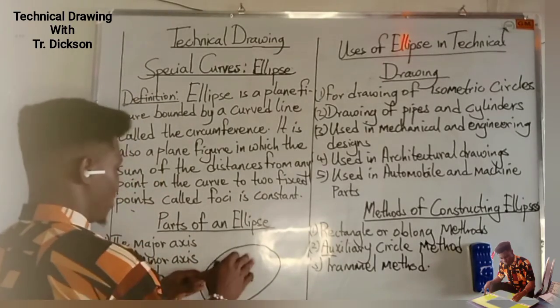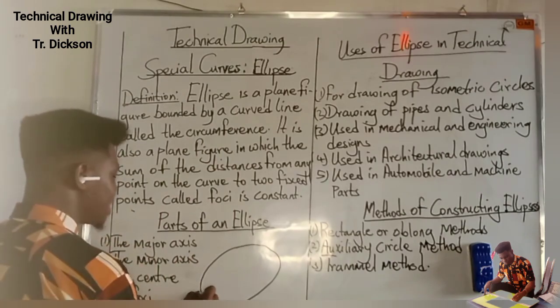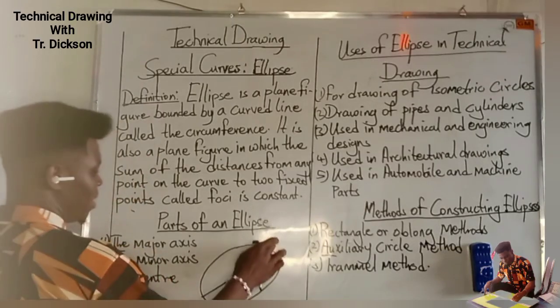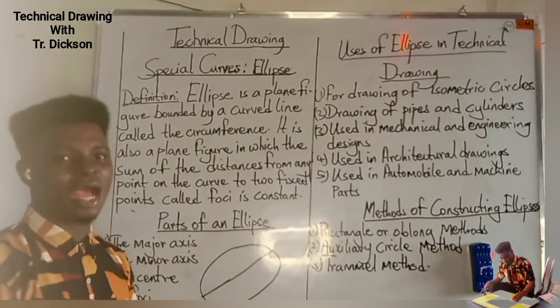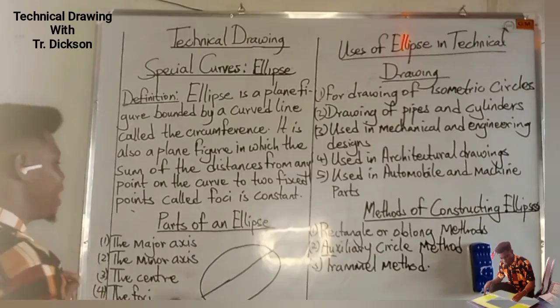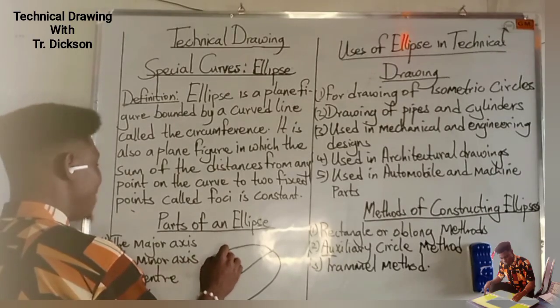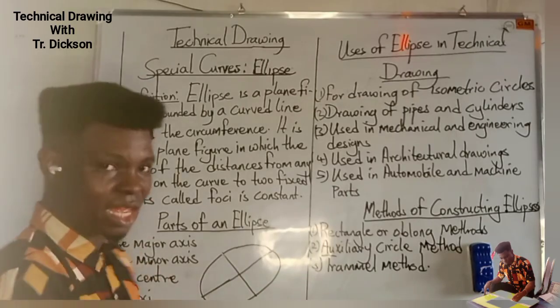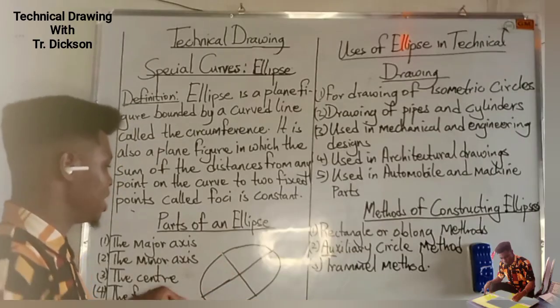The major axis is the longest diameter. When you divide the ellipse into two along its longest part, that is called the major axis, while the minor axis is the shortest diameter. So this is the shortest, this is the longest.